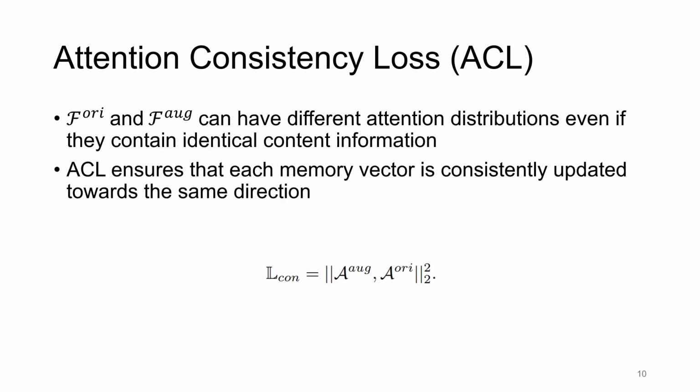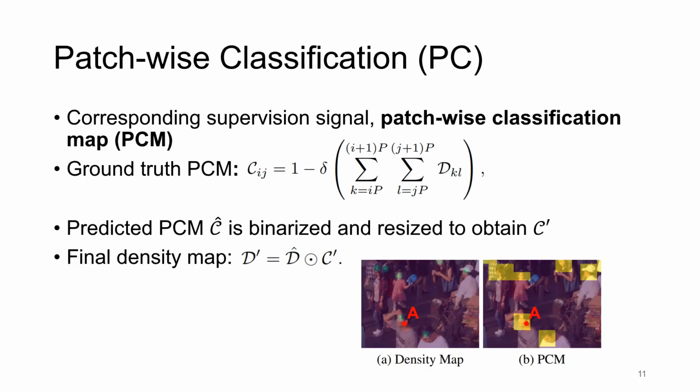ACL is based on our observation that features containing identical content information can have different attention distribution. So we want to ensure the similarity of these distributions to ensure that each memory vector is consistently updated toward the same direction. So lastly, we have patchwise classification.